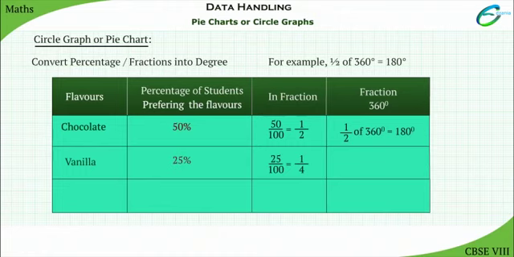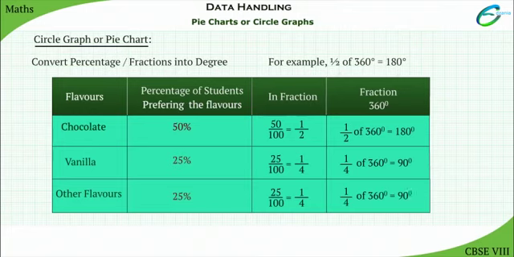As the central angle of the sector is a fraction of 360 degrees, the central angle of the sector corresponding to vanilla flavor is 1/4 of 360 degrees, which is equal to 90 degrees. Now if you look at other flavors, the percentage is 25 again. So the central angle of the sector corresponding to other flavors is also equal to 90 degrees.